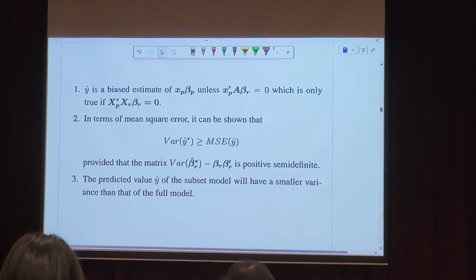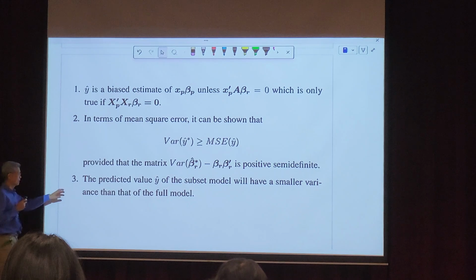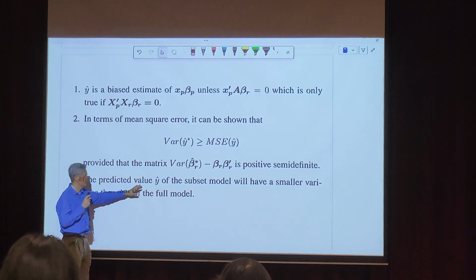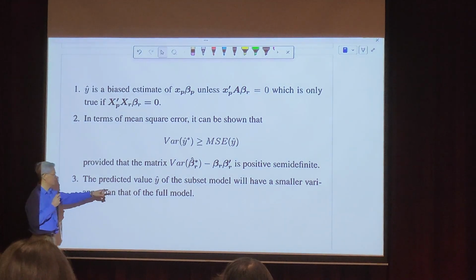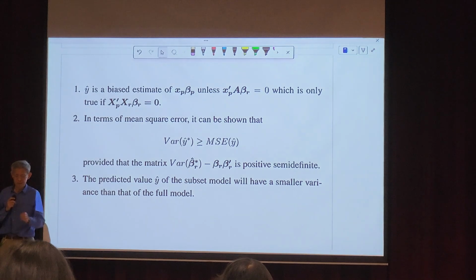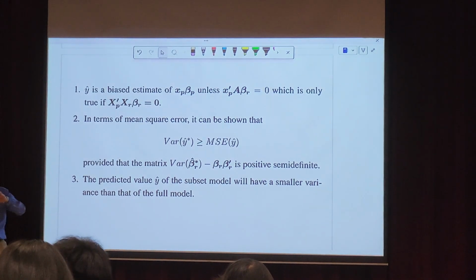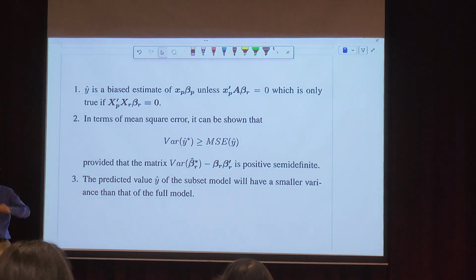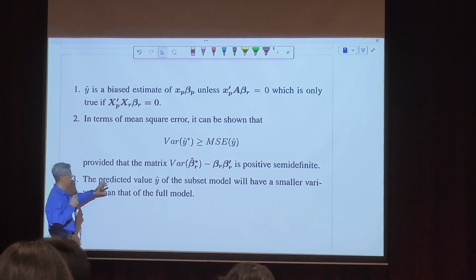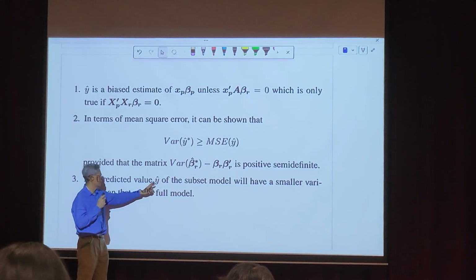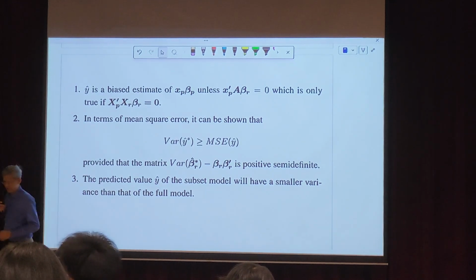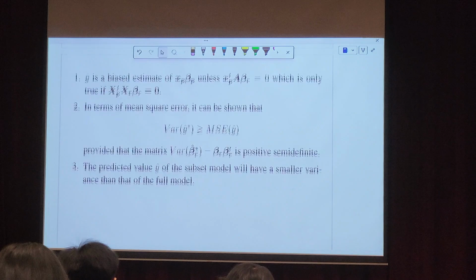I think the most important message is this: the predicted value of the subset model will have a smaller variance than the full model. That's the reason why we want to keep our model as small as possible. We want it large enough to include all the useful variables, but at the same time, we want it to be small. Because small means what? Smaller variance in estimation.